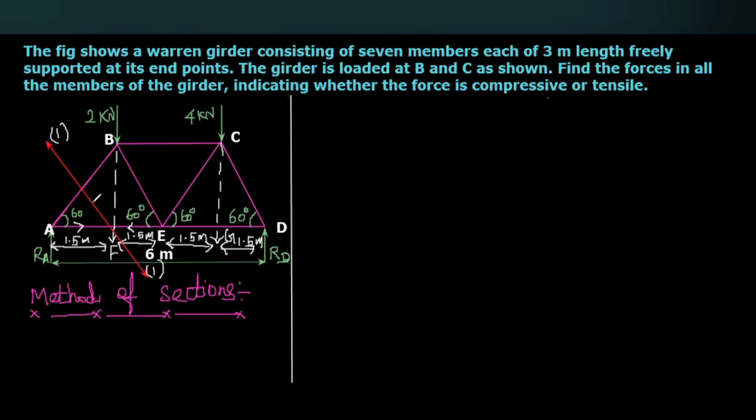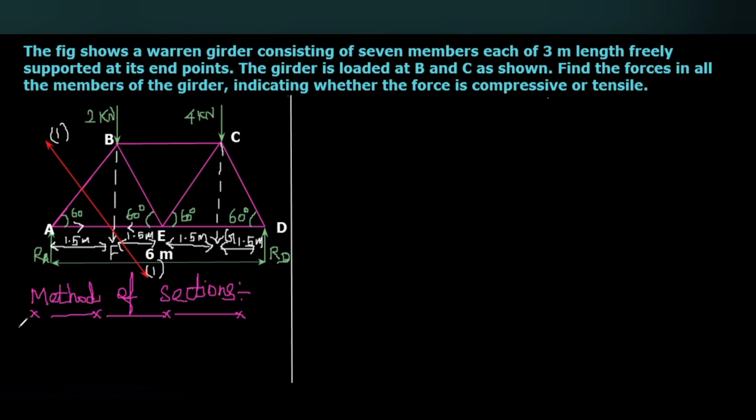As I mentioned earlier, the section line will separate the entire truss into two portions. So here you can consider any one of the portions, preferably the left side portion.